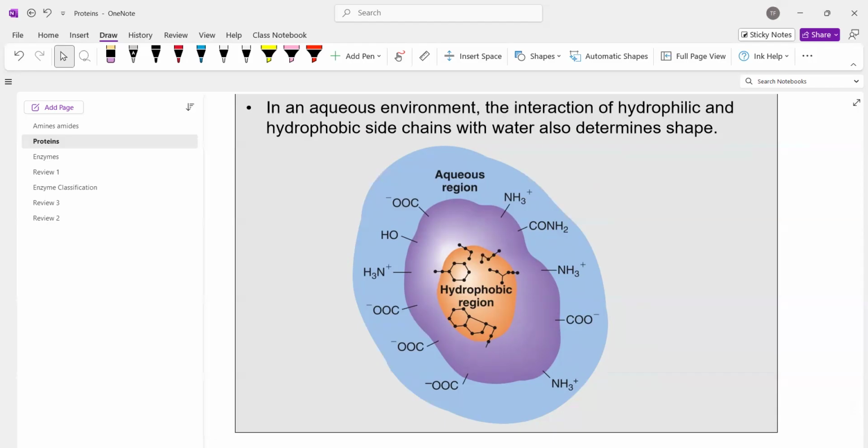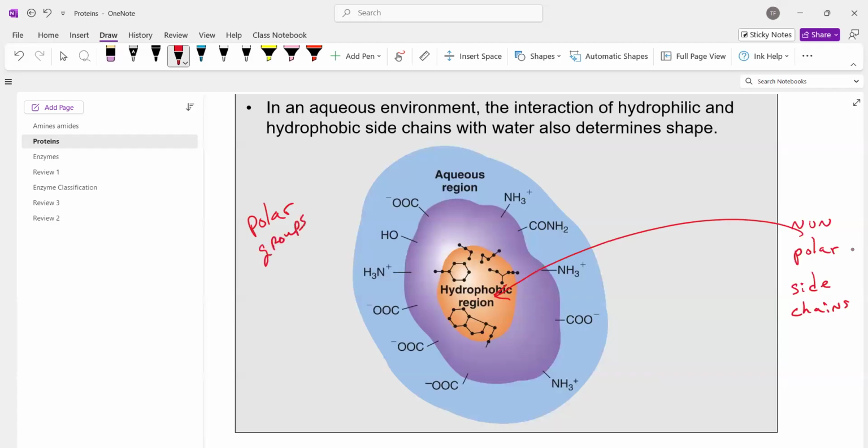Similar interactions: the nonpolar hydrophobic side chains are in the middle, and the hydrophilic regions are on the outside.